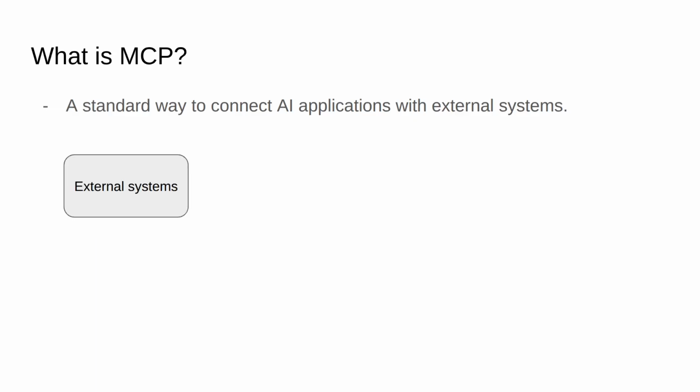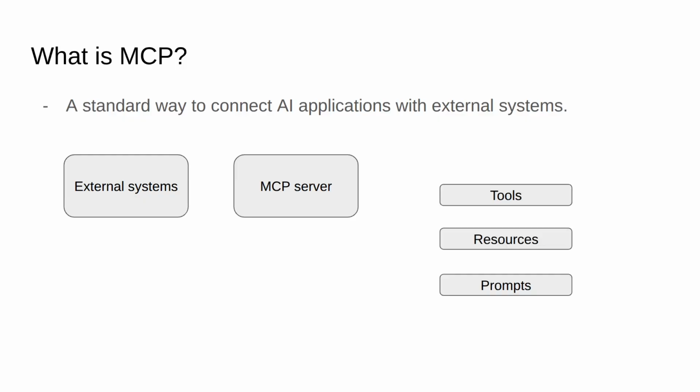On the other side, external systems can be understood as MCP servers. These servers provide things like tools, data, functions, resources, prompts, or any external capability that the AI needs. So in very simple terms, MCP acts as a bridge between clients and servers, allowing them to communicate with each other in a standard way.